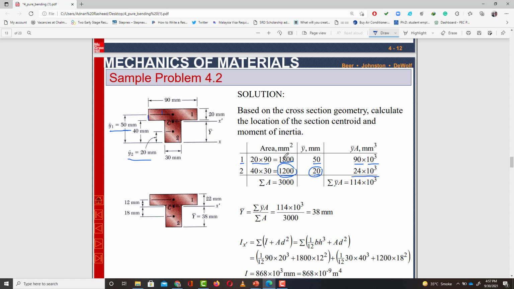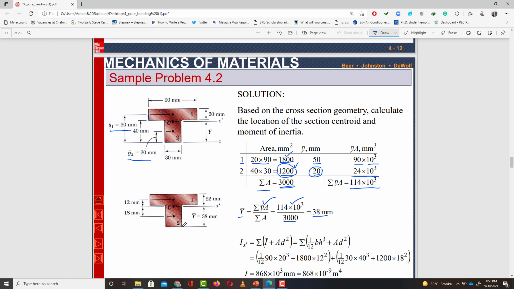Now the sum of area A1 and A2 is equal to 3000. You can add them, you will get this. And the sum of y dash A, if you sum both of these, you will get 114 into 10 raised to power 3. Now the distance of the centroid from this base is given by the formula y dash, and if you put the value 114 into 10 raised to power 3 divided by the sum of area, you will get 38.